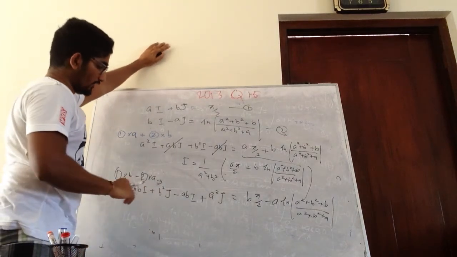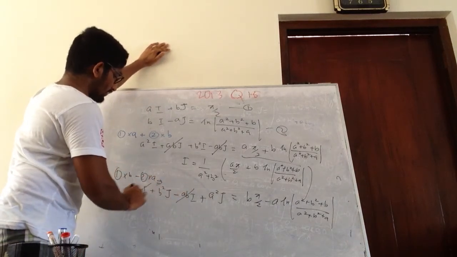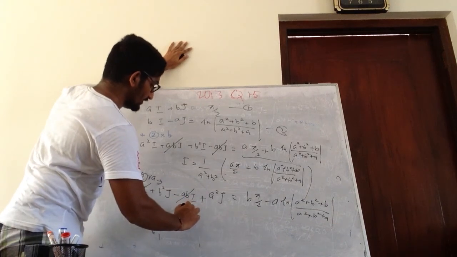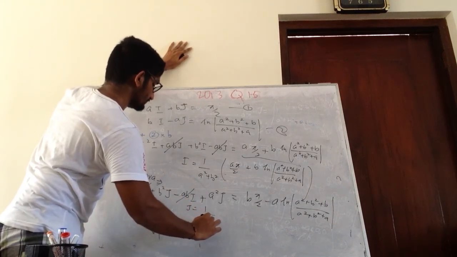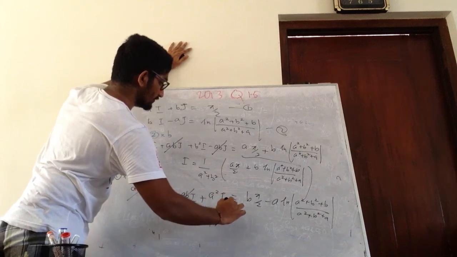Basically these get eliminated, so J is going to be this part.